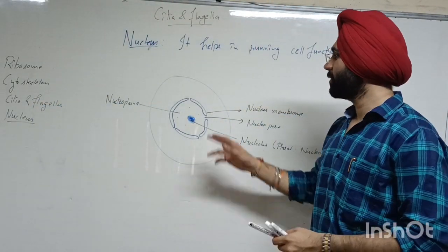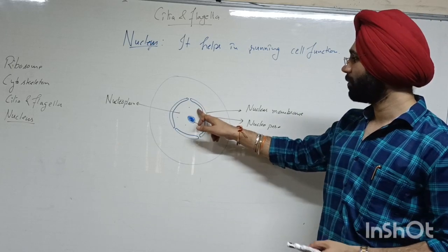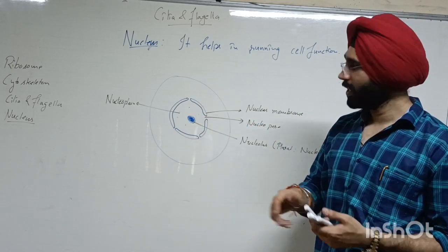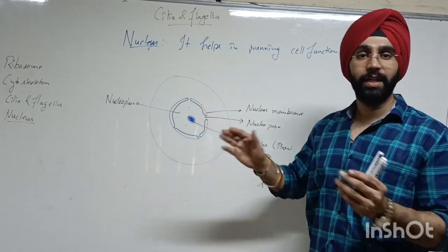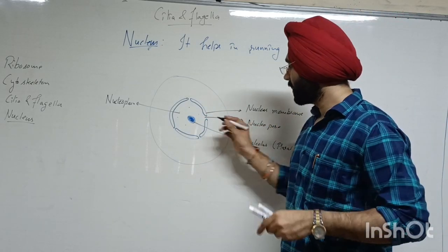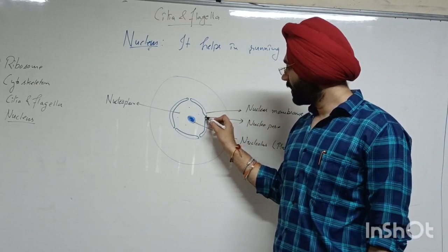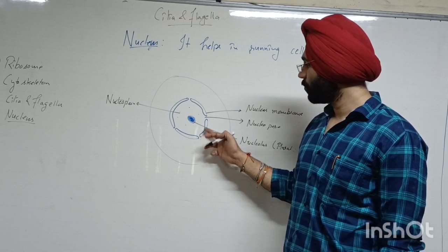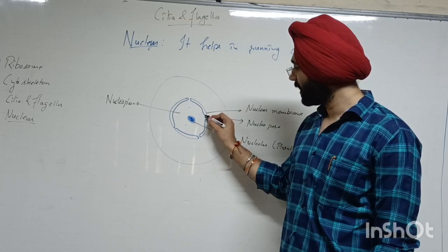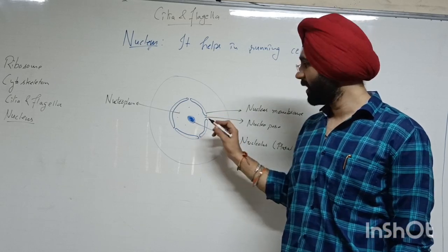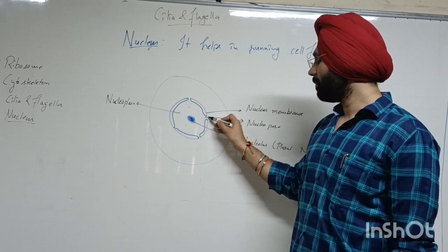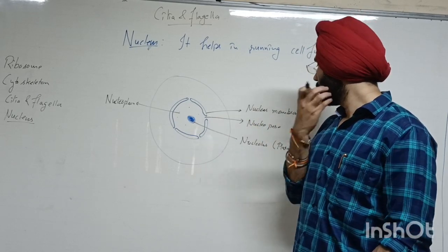Envelope means it has 2-3 membranes. First is the inner membrane, and the second one is the outer membrane. Both inner and outer membrane get fused and make nucleopore. So as you can see, nucleopore is seen because the outer membrane and the inner membrane are getting fused over here, and that makes nucleopore.